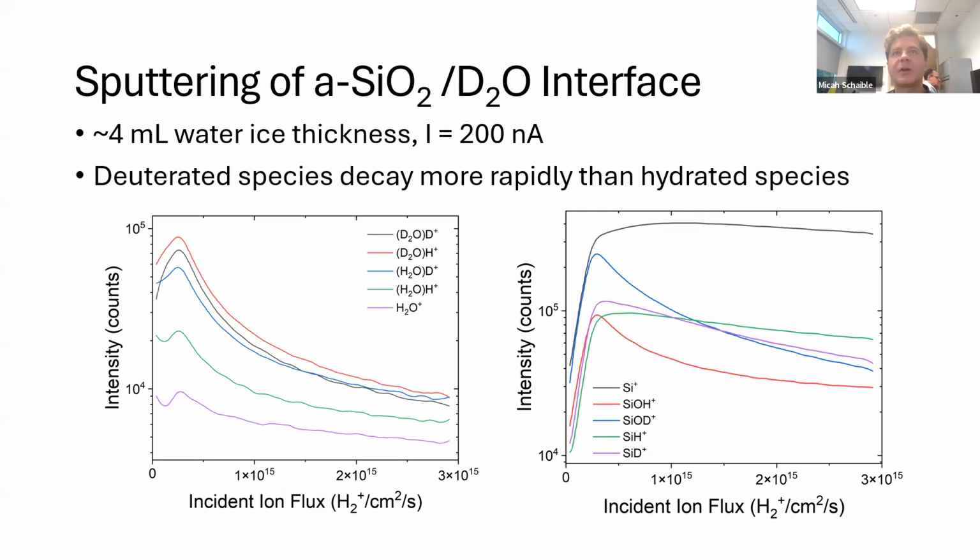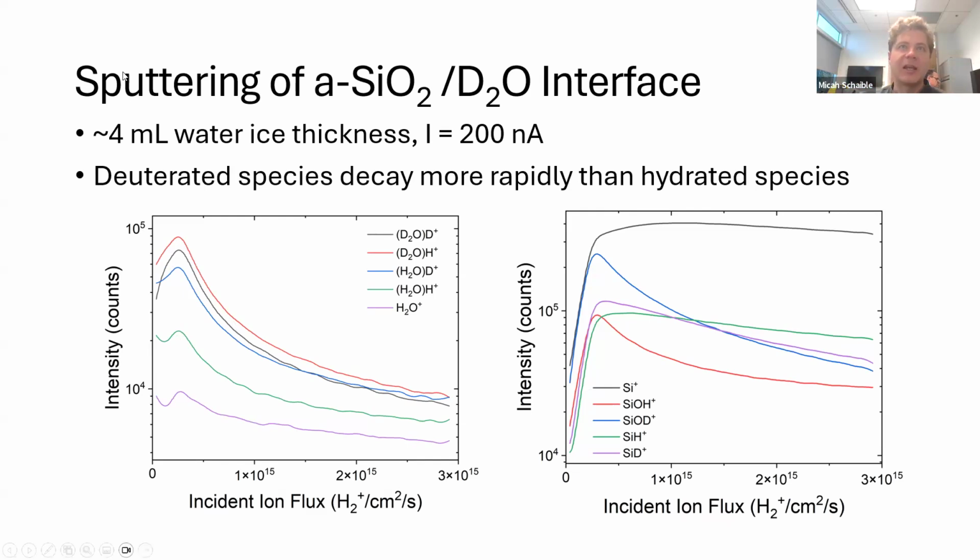Yeah, that's a great question, Parvati. The way that we interpret this is not a total sputtering yield. This is the secondary ion sputtering yield. My interpretation of these peaks is that as the substrate is exposed, you're sputtering basically the interfacial layer between the water and the silicate.